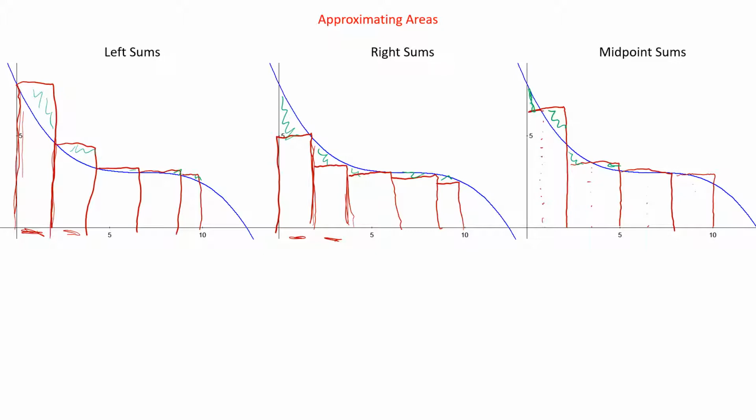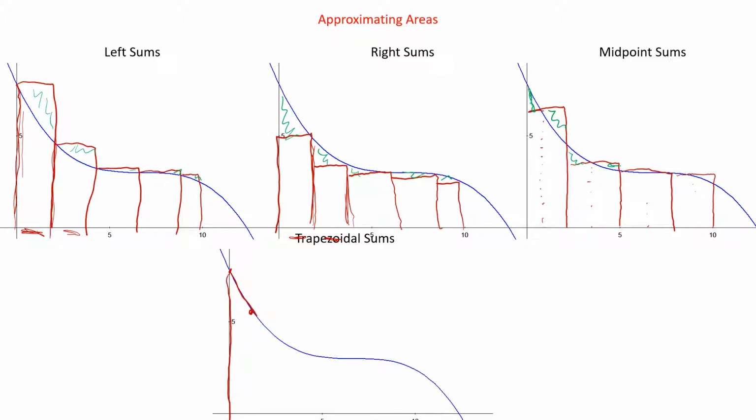And then the final way of approximating area is not using rectangles at all, but rather using trapezoids. So we have trapezoidal sums, where here instead of going straight over, both endpoints are going to be on the function. And we can make a trapezoid.